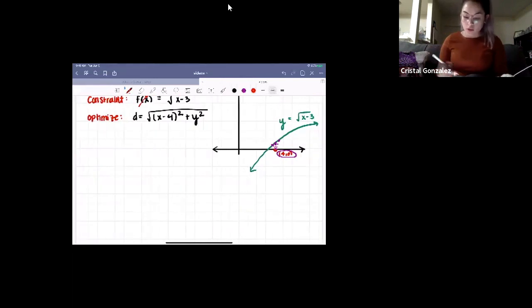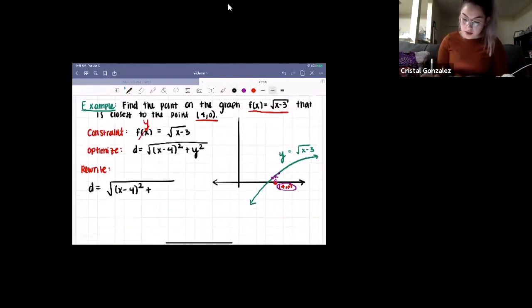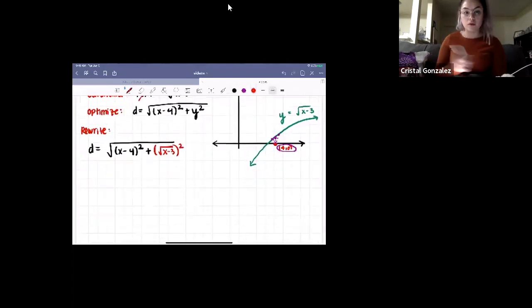So we can rewrite this function d to equal the square root of (x minus 4) all squared plus, and I'll put it like this, (the square root of x minus 3) all squared. Perfect, beautiful, I love it.